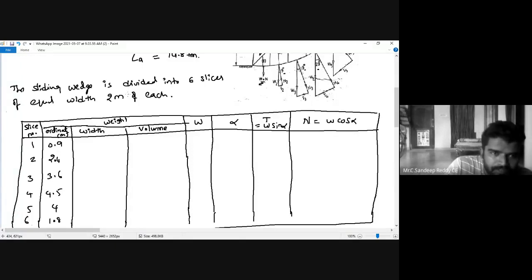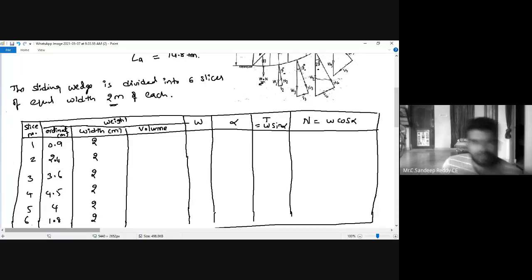So the width we already taken, that is 2 meters each. So 2 meters, this is also in meters, 2 meters, 2 meters, 2 meters of each. Okay, don't get confused here.